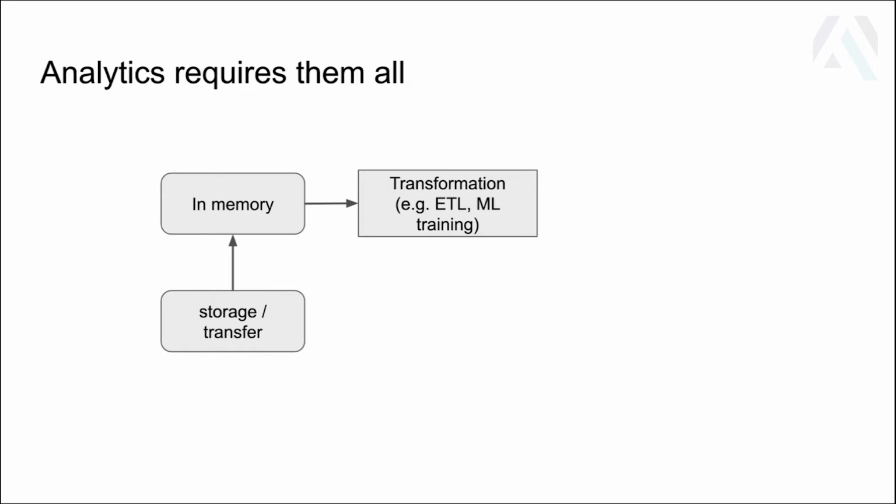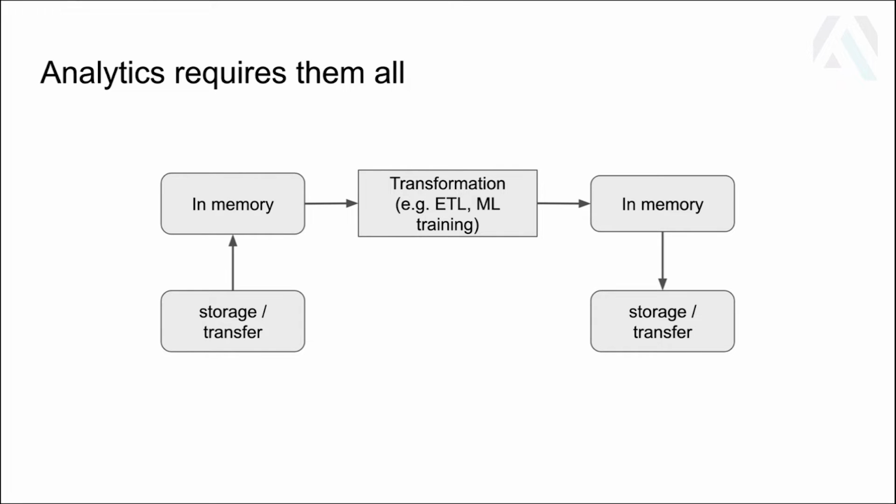And memory here already represents something like the NumPy, Arrow, or Spark model, so you'll have to perform some deserialization and also some decompression. Then you make the transformation, and you usually end up with a new in-memory format, because the output was optimized for the instruction set that you're using on your CPU or GPU. Finally, once you're happy, you will send it back to a storage or transfer medium.